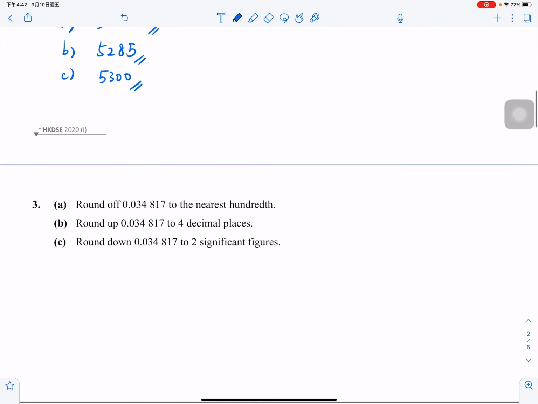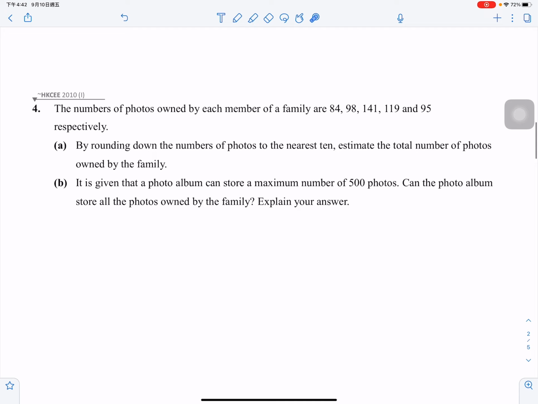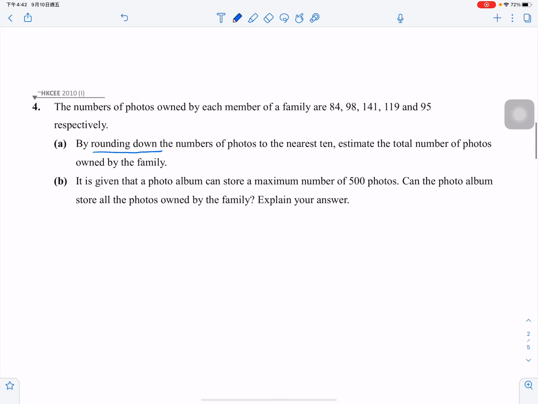So you can try question 3 by yourself, and later I'll give you the answer. Now have a look at question number 4. The number of photos owned by each member of a family are 84, 98, 141, 119, and 95 respectively. By rounding down the number of photos to the nearest 10, estimate the total number of photos owned by the family.